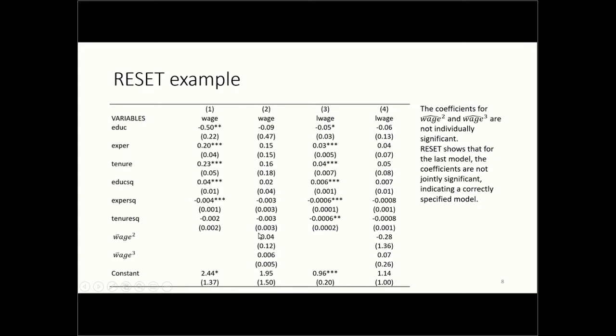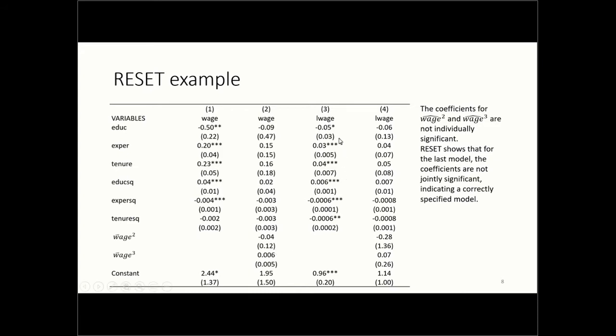We put them in the model, and we actually now see that individually they're not significantly different from 0. Therefore, they're not picking up any new information. So that's good news. However, if we use the f-test here, they are jointly significantly different from 0. So therefore, this model is also not correctly specified.